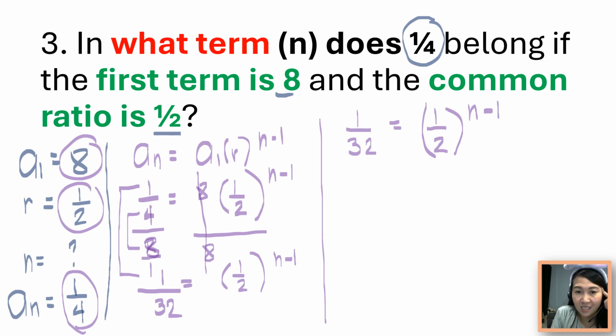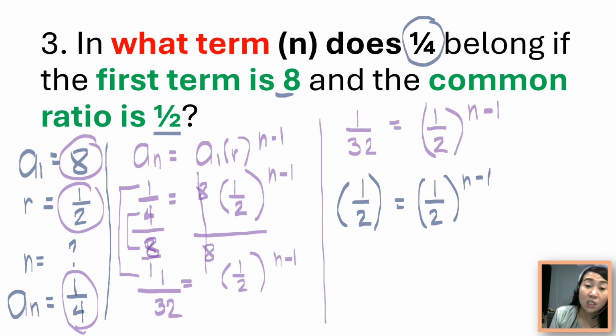Okay, so since ang base nung nasa kanan natin ay 1/2, it also means that the base on your left side is also 1/2. So what would be the exponent of 1/2 that will give you an answer of 1 over 32? Okay, ilang beses natin i-multiply ang 1/2 sa sarili niya para ang maging sagot ay 32.